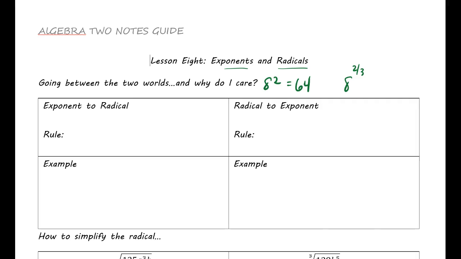So, exponents to radicals. If I have something to the a over b power, my base is x, and it's raised to the power of a over b. Then all that means is that this number in the denominator becomes the index of the radical.